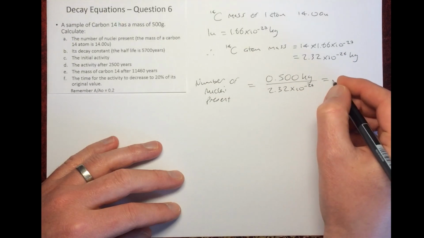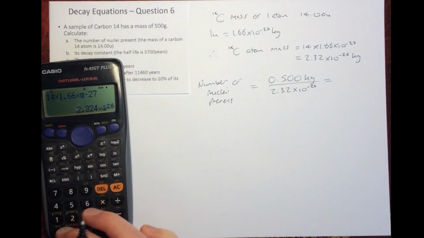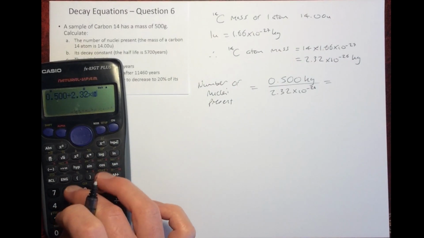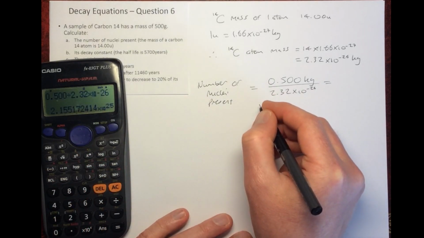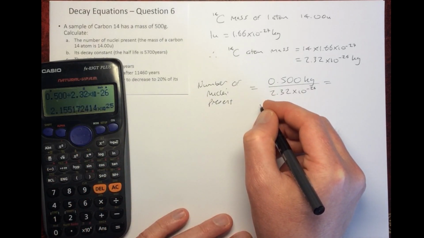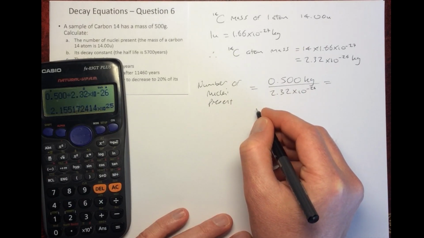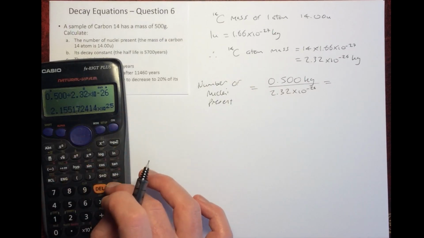Okay, and that's going to give us an answer of, let's put that into the calculator, 2.16 times 10 to the 25. Okay, hang on a minute, let's do that again.